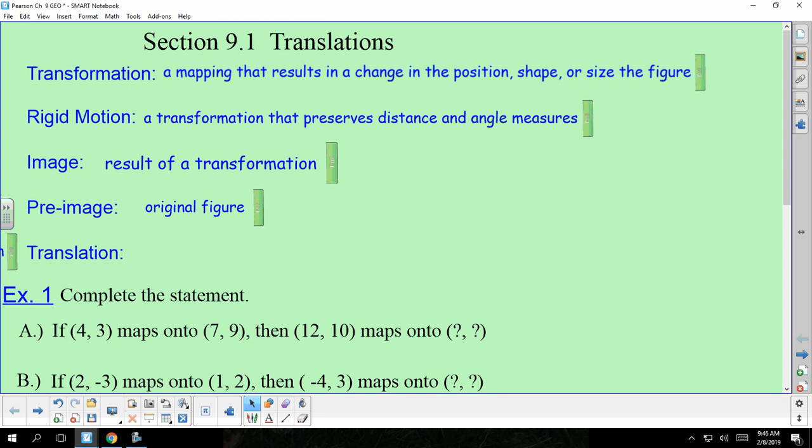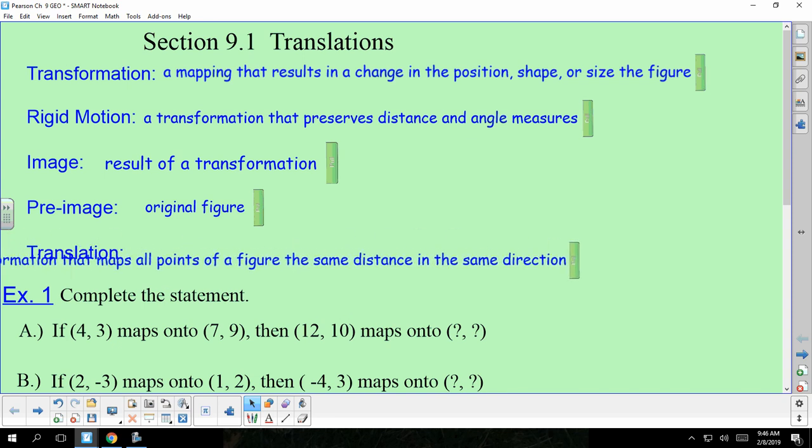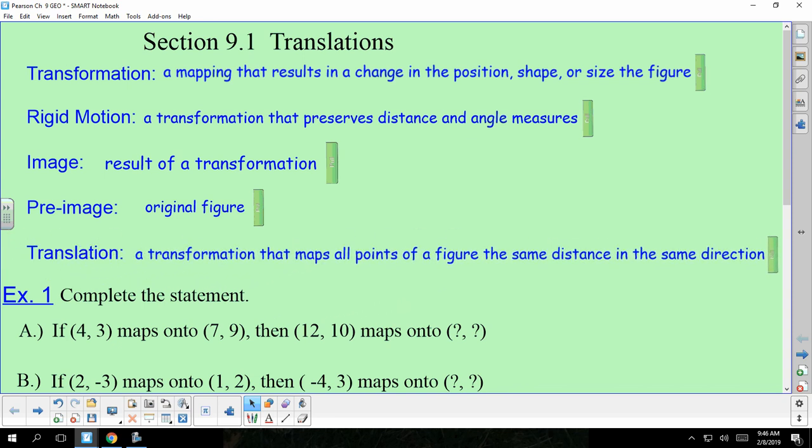And what we're going to focus on today is translations. A translation is a transformation that maps all points of a figure the same distance in the same direction. And the shorthand notation for a translation is this.